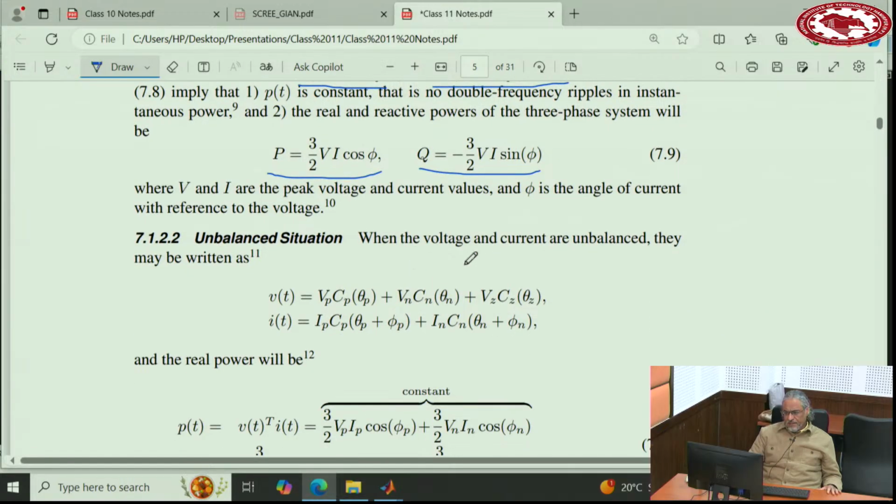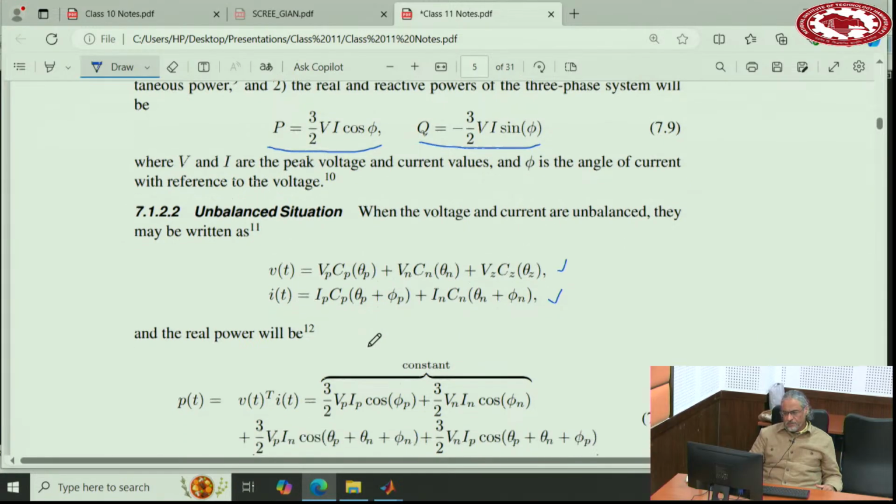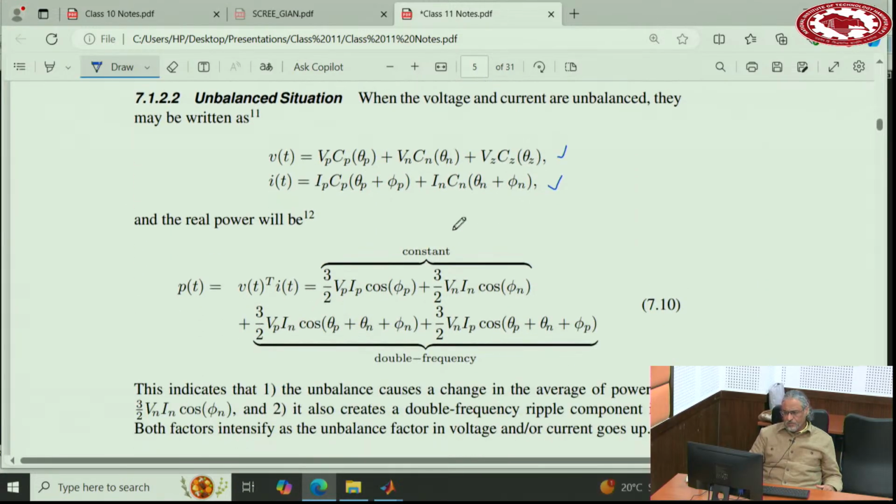If it's unbalanced in general, let's say voltage is this, current is this. So current does not have zero sequence because we assume there is no neutral connection. And then when you multiply them together, and there is a little calculation here, I said you can do as an exercise, you will see a constant term that we call real power again, and then some double frequency terms.